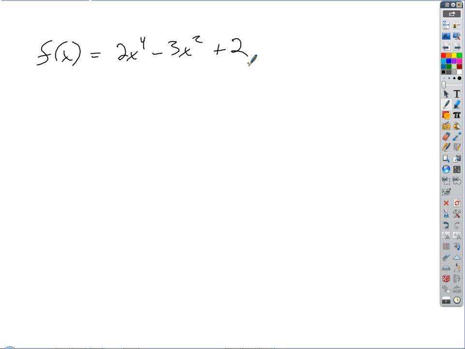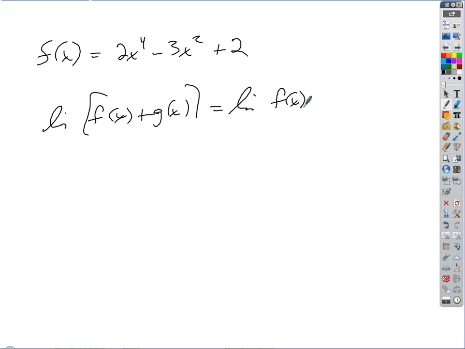If we were to do this the long way, we would be taking limits of this function at x plus delta x and x, right? Okay, but I know that if I take the limit of f of x plus g of x, that's just equal to the limit of f of x plus the limit of g of x, right?